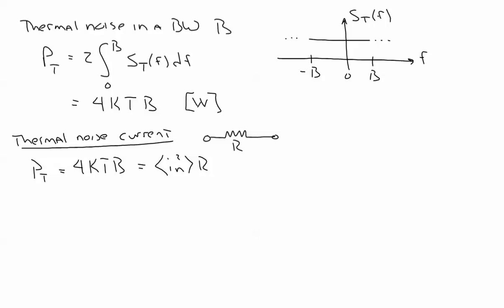All right. So in effect, there might be some noise current flowing through my resistor. So this is the RMS current squared, or mean squared noise current.